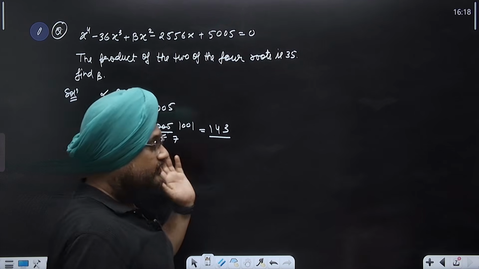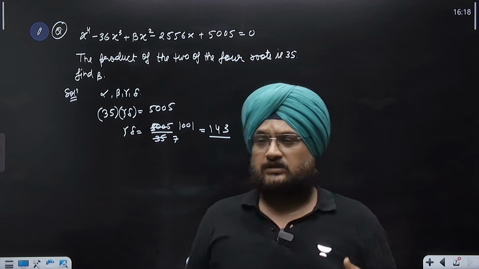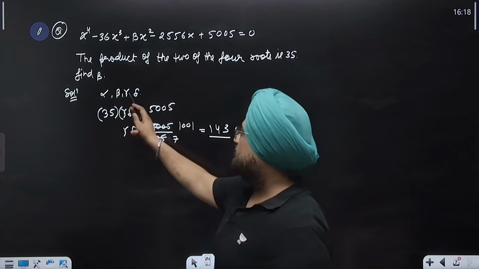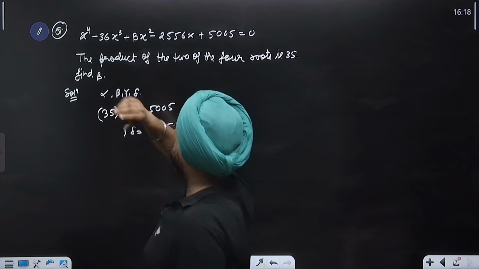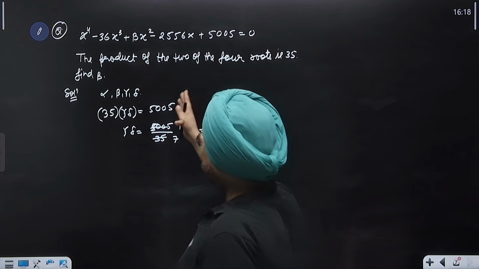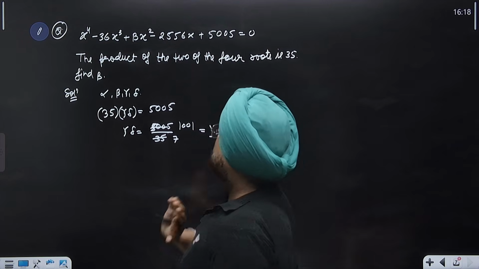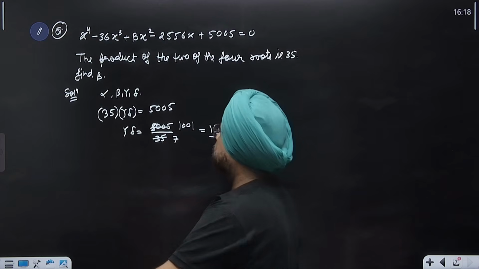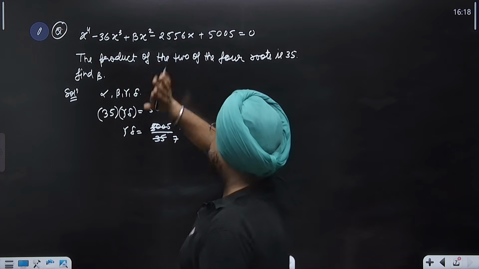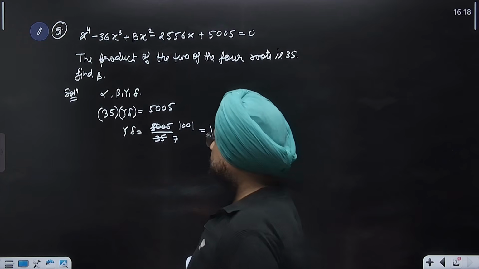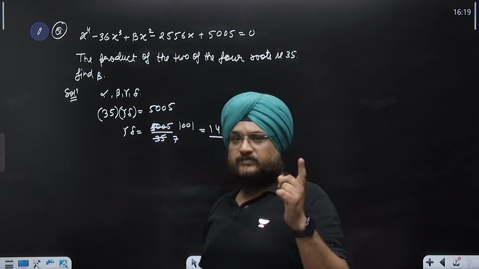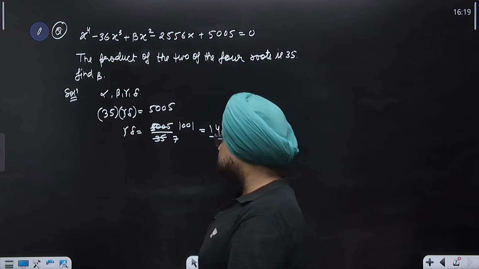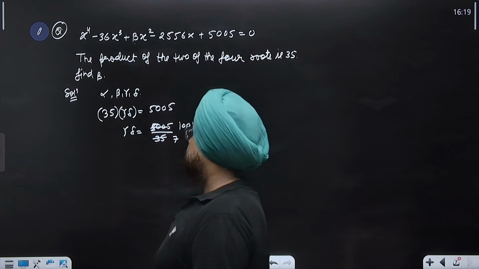Now we are not given the sum of the roots. Sum of the roots alpha plus beta plus gamma plus delta is 36. From theory of equations, the sum of products of the roots taken two at a time is 2556. We need to find alpha beta plus beta gamma plus gamma delta plus alpha gamma plus alpha delta plus beta delta, which is equal to b.